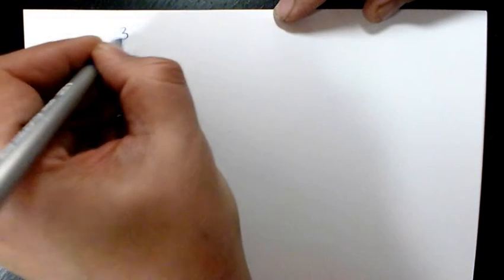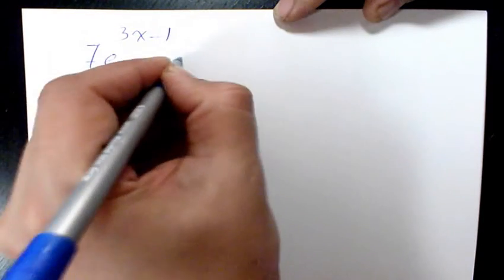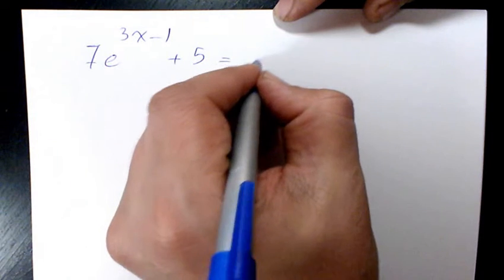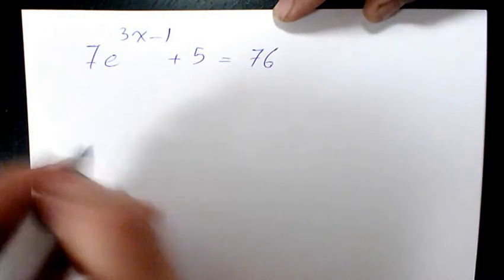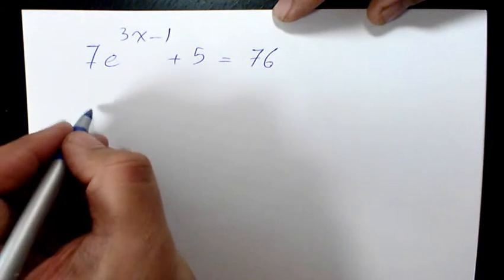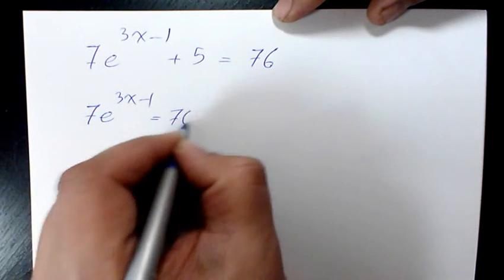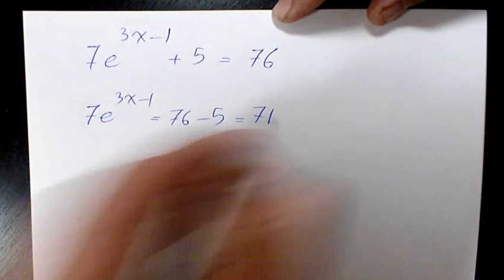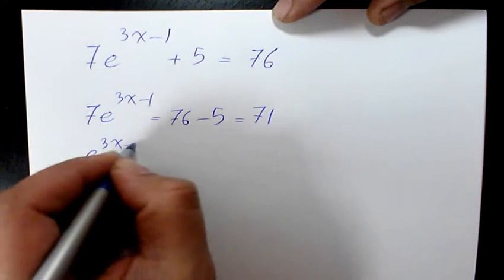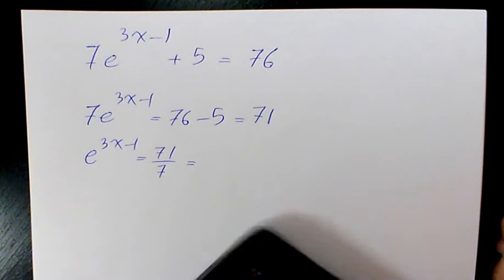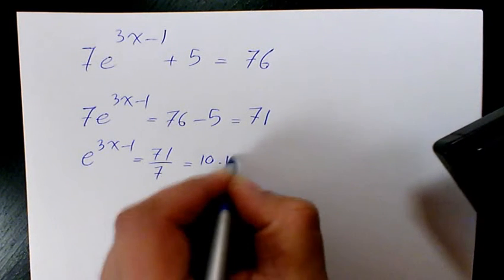Next one is going to be 7e to the power of 3x minus 1 plus 5 equals 76. So we have 7e to the power of 3x minus 1 equals 76 minus 5, which is going to be 71. So e to the power of 3x minus 1 equals 71 divided by 7. So 71 divided by 7 is going to be 10.14.